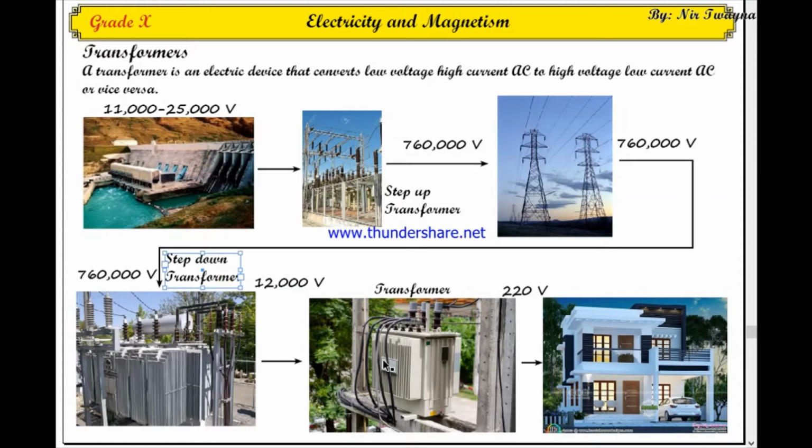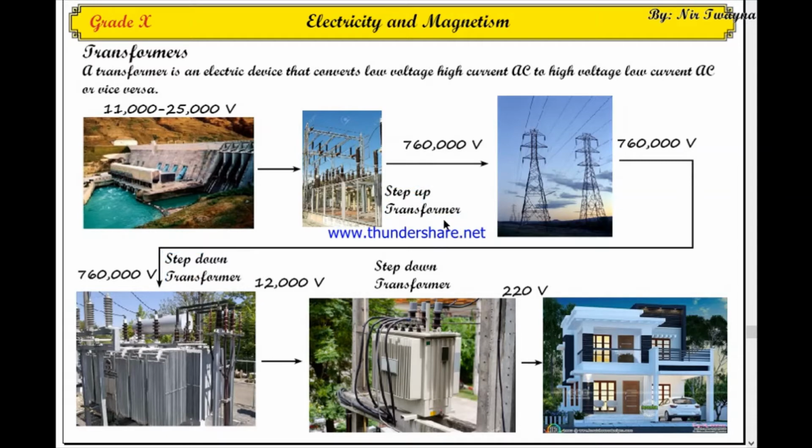Here this transformer also does the same thing. Input voltage is 12,000 and output voltage is 220, so this is also a step down transformer. Now you understand the concept of transformer, step down transformer and step up transformer.